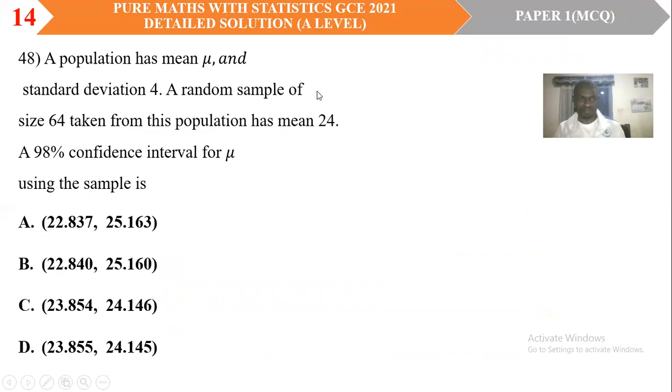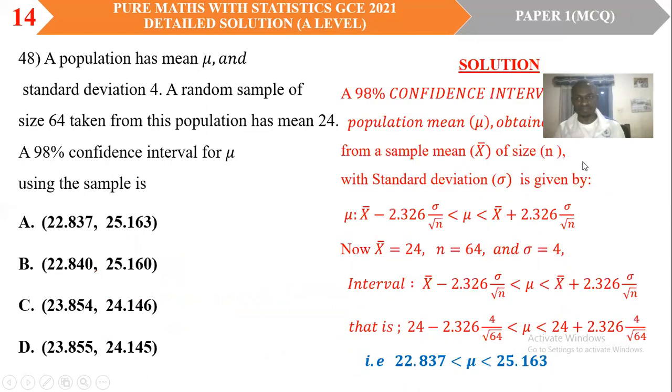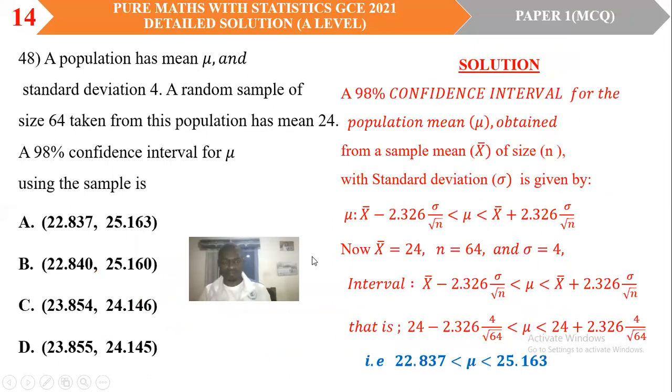A random sample of size 64 taken from this population has mean 24. A 98% confidence interval for mu using the sample is... Solution.